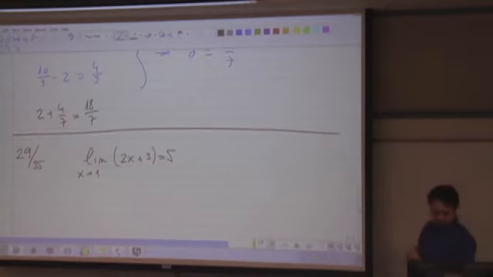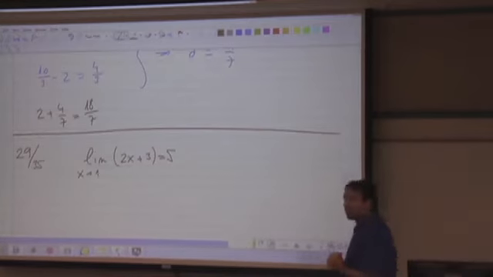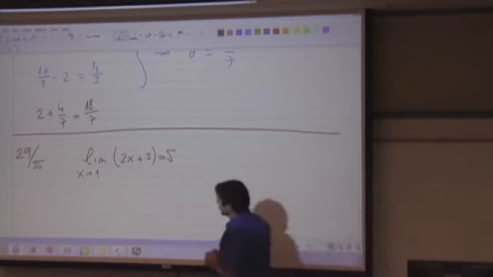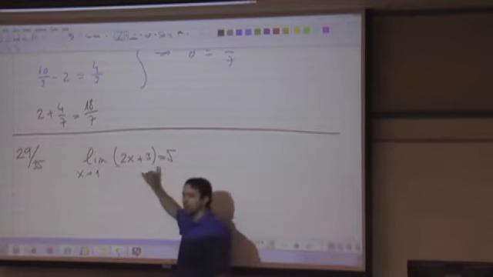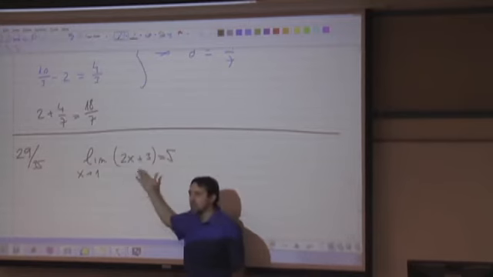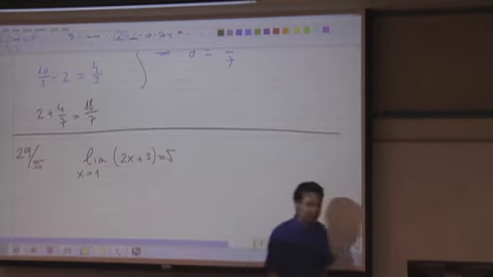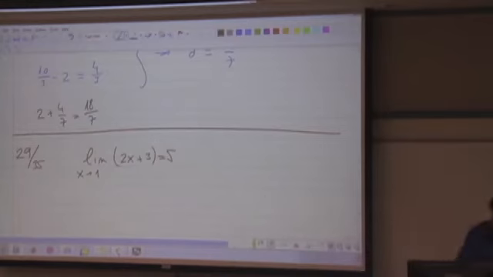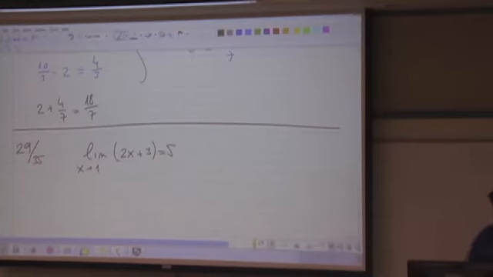In all of these problems, what you're supposed to do is prove that this limit is in fact equal to 5. And the way to do that is using the epsilon delta definition. So this is basically the standard procedure.